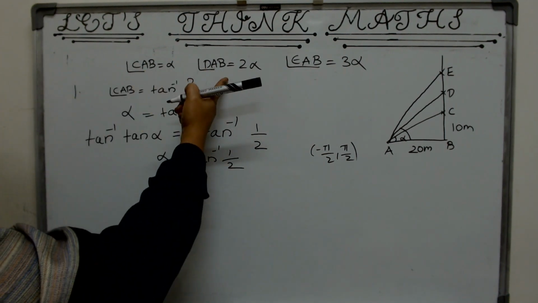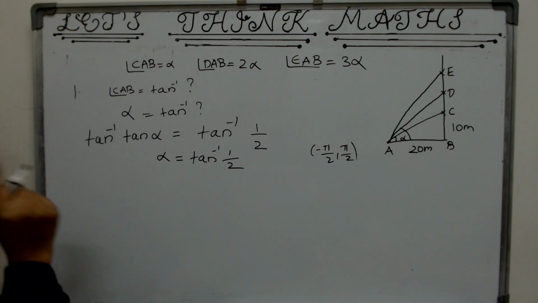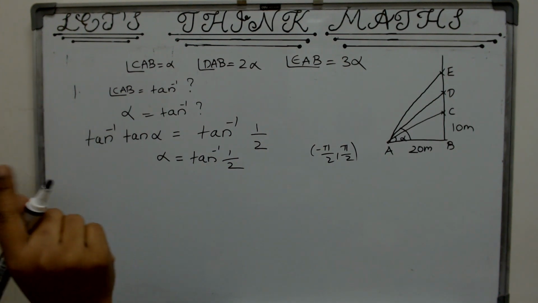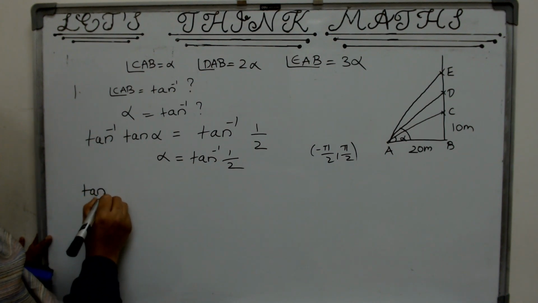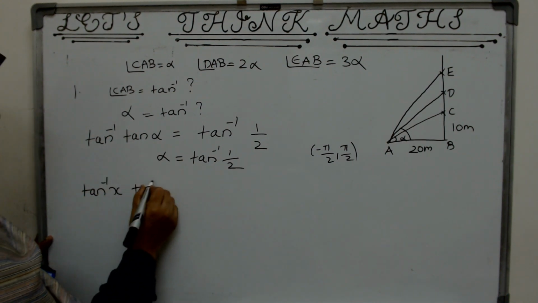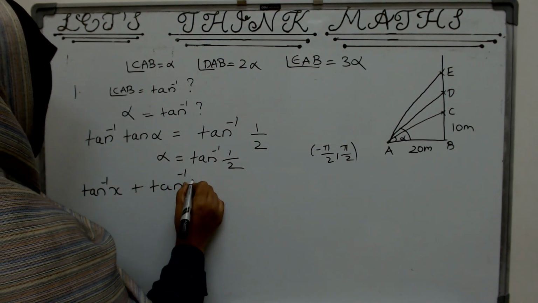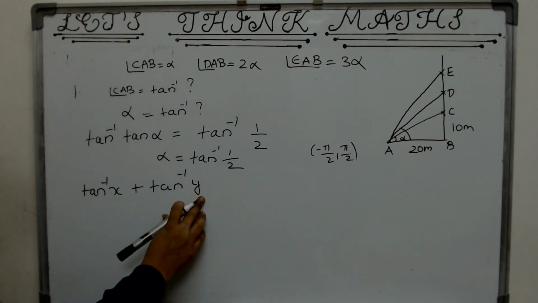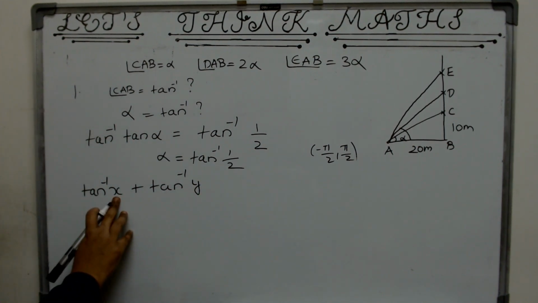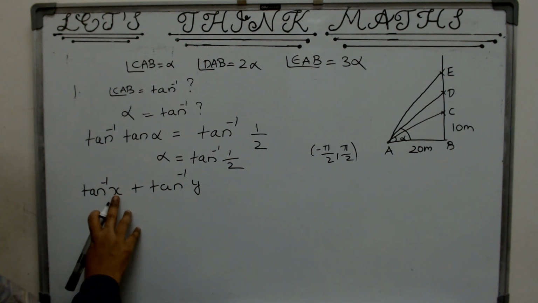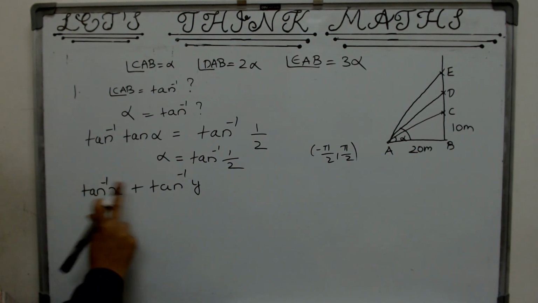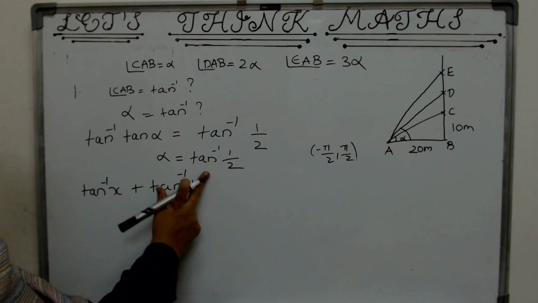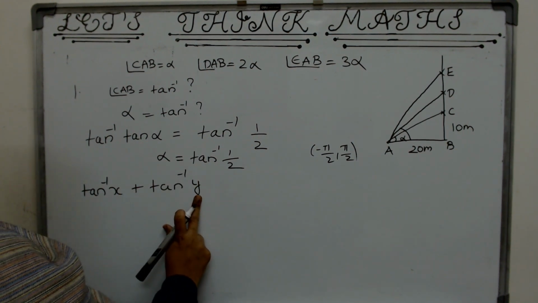This brings us to the second question. Before that, I would just want to remind you of 2 important formulas that I'm sure you have learnt by now. It is tan inverse of x plus tan inverse of y. So what is this x and y here? x is a number, so tan inverse of x is an angle. y is a number, so tan inverse of y is an angle.